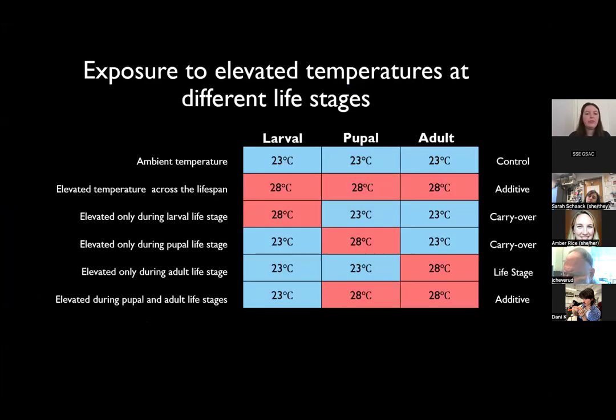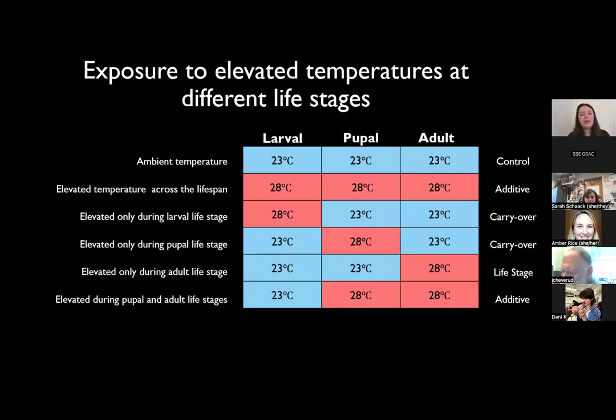To answer those two questions, we exposed moths to a bunch of different temperature regimes. You can see at the very top here, we have the control moths. They were never exposed to any heat in their life, so they were exposed to 23 degrees their whole life. But you can see the second one, they were exposed to heat for the entirety of their lives.